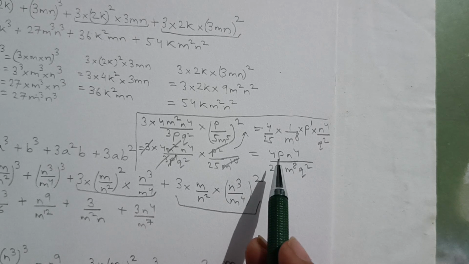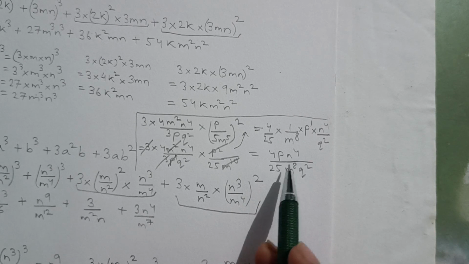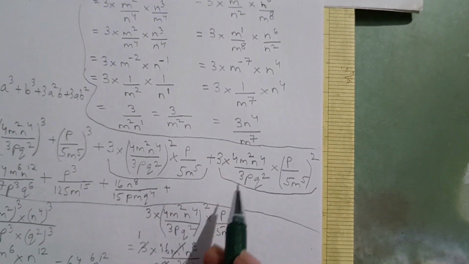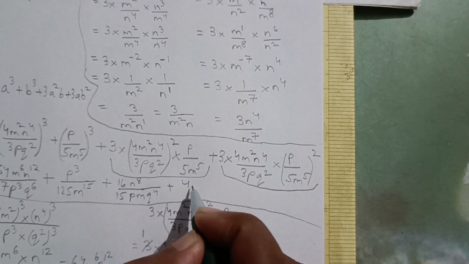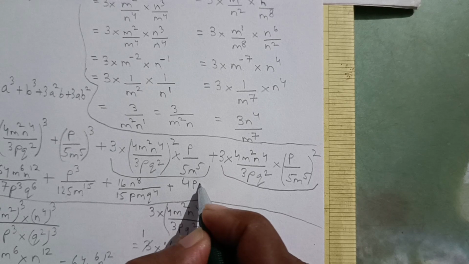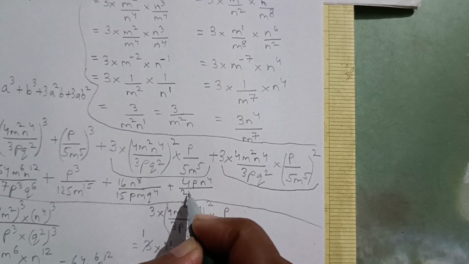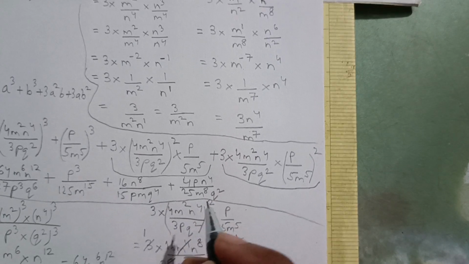The answer that I got was 4p n to the power 4 upon 25 m to the power 8 q square. So the value of this expression is 4p n to the power 4 upon 25 m to the power 8 q square.